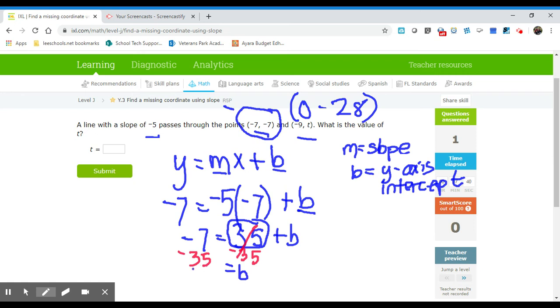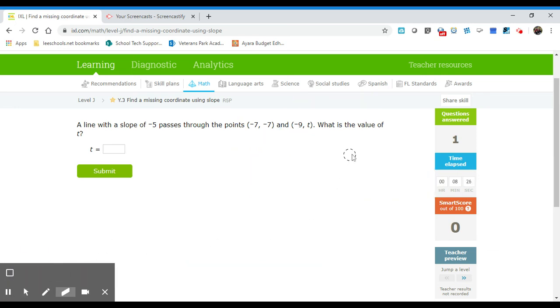Let's see, -42. Okay. Now I know this seems time consuming, but now we need to use the b. Now we know the b is -42. So b is -42. We need that. Okay. B is -42.